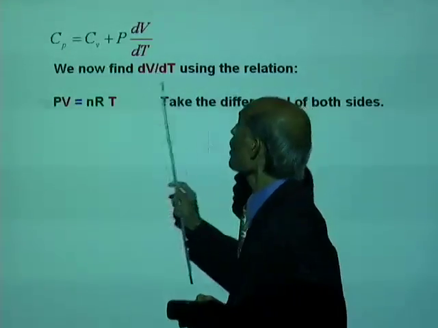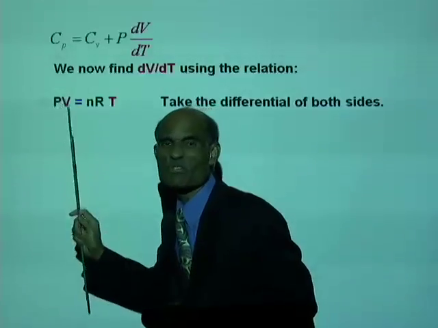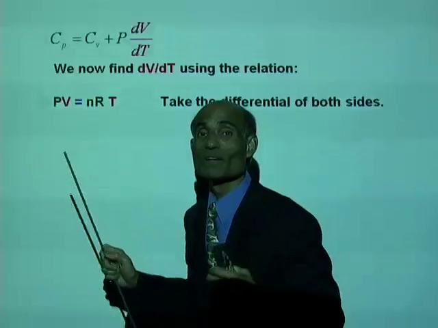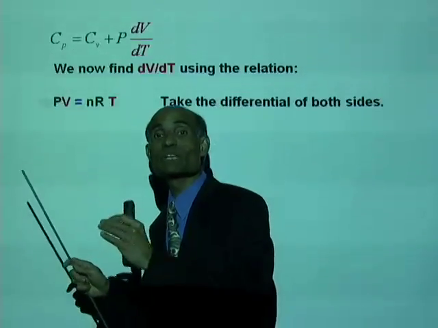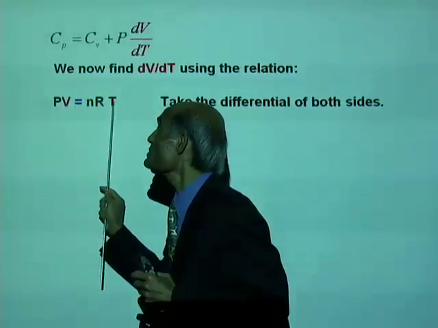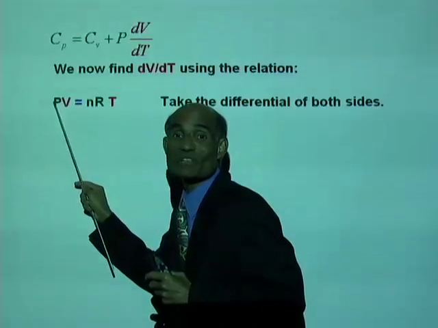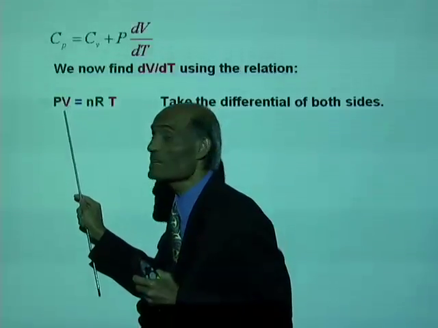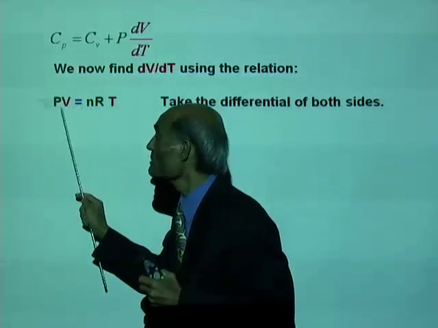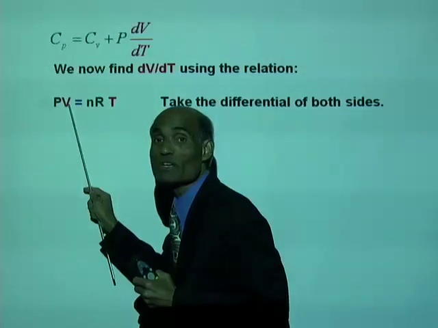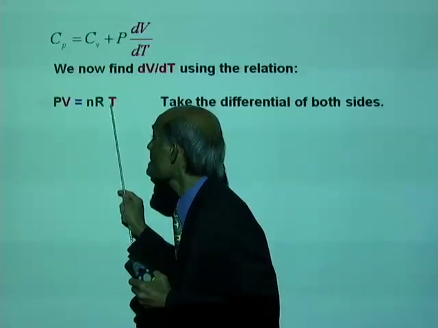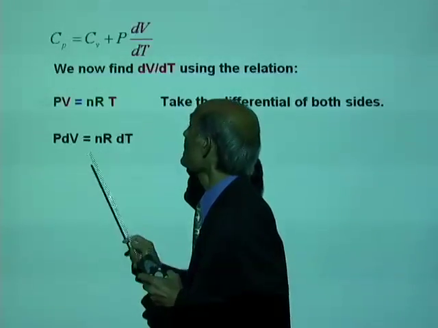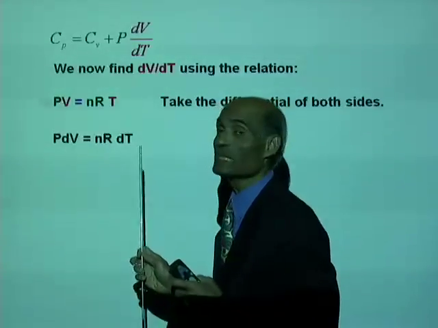Take the differential of both sides. The differential of V will be dV. The differential of T will be dT. Here, V and T are the variables. P is a constant. nR also is a constant. So, if you take the differential of both sides, we will get P times dV equals nR times dT.